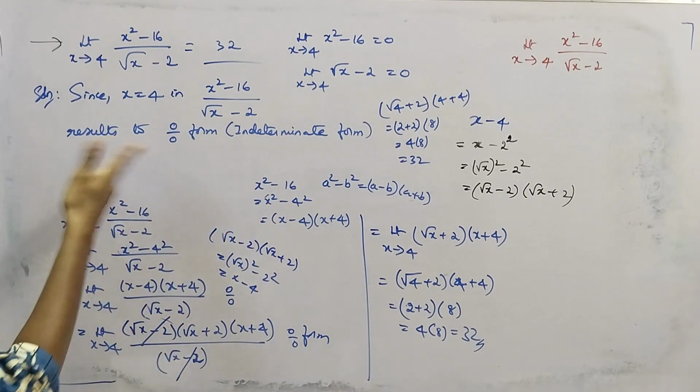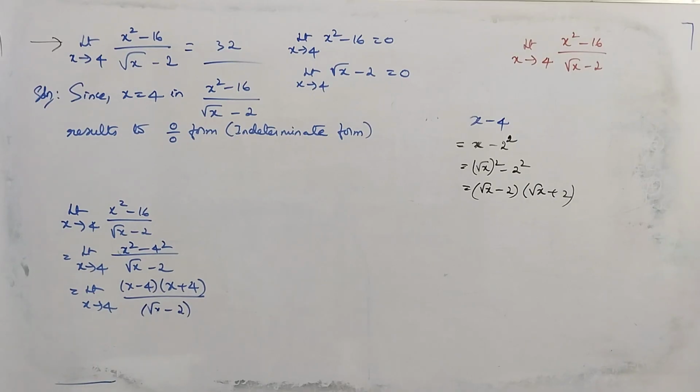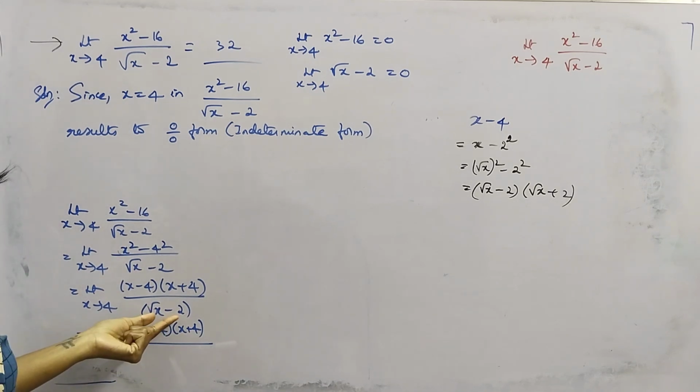So just don't write that. We'll show how we are going to get x minus 4 in the denominator. I'll just rationalize the denominator and I just want to make it clear. That's why I'm doing this. Those who are interested can listen. Otherwise, if your work is done, you can just go.